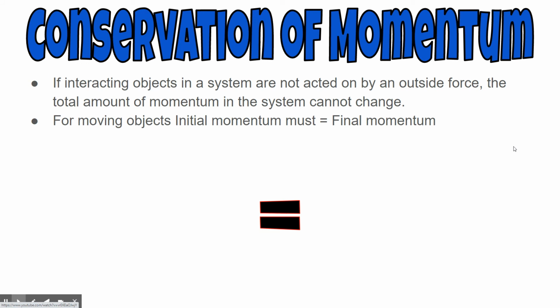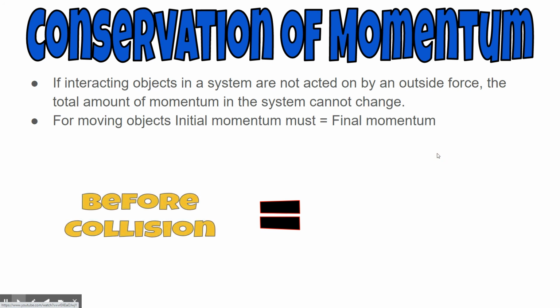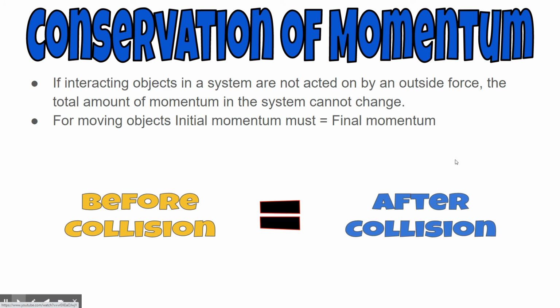If two billiard balls hit each other, the initial momentum before the collision needs to be equal to the momentum after the collision. It's very important that momentum is conserved. So all of that momentum, mass times velocity, whatever that value is before the collision, needs to be equal to the momentum after the collision.